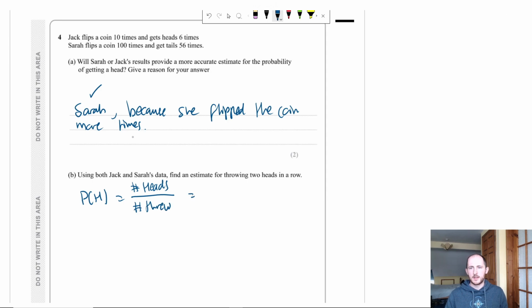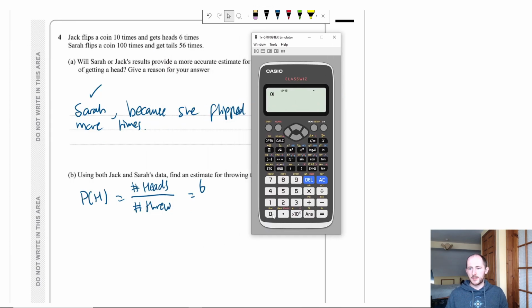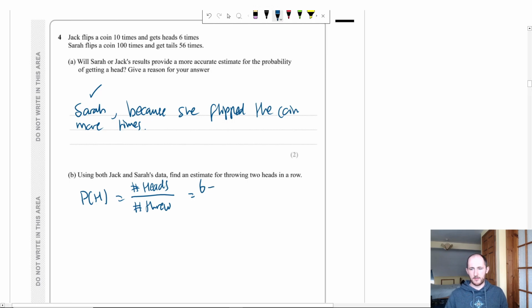Okay? So how many times did they get heads? Well, Jack got heads 6 times. Now Sarah got tails 56 times, which means she's got heads 100 minus 56 times, so 44 times. So 6 plus 44.